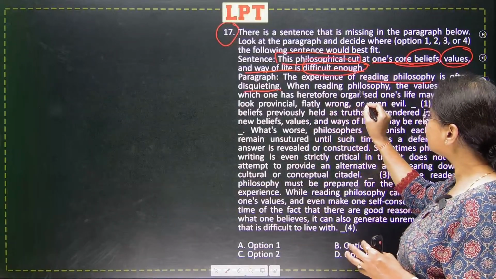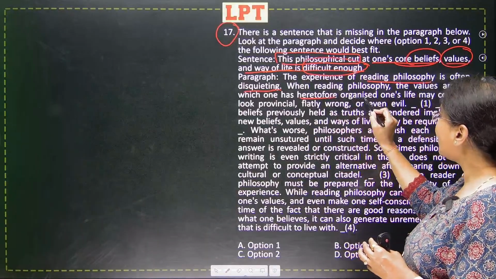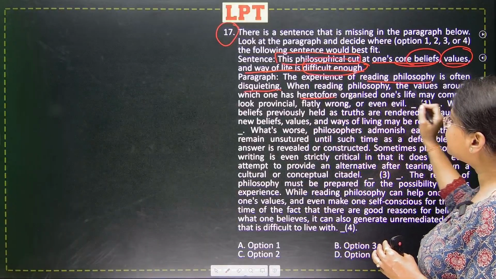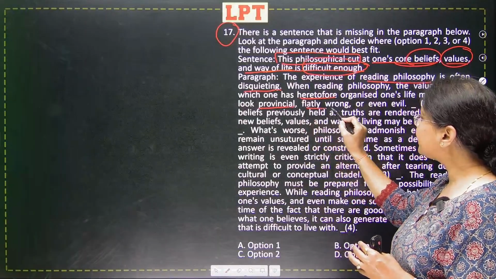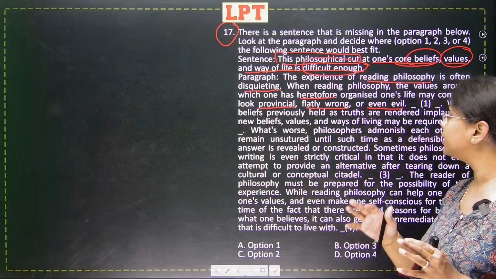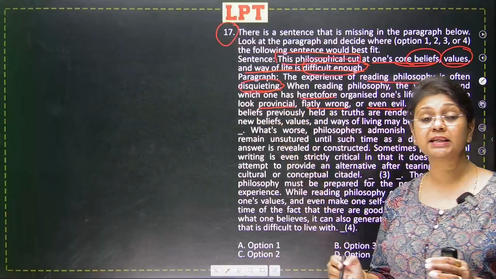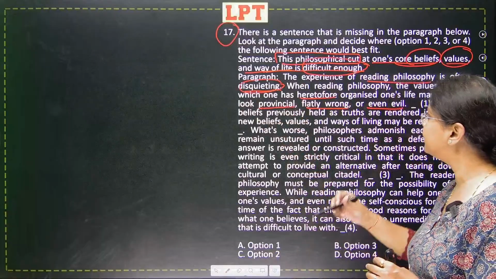When reading philosophy, the values around which one has heretofore organized one's life may come to look provincial, flatly wrong, or even evil. So we are talking about the experience of reading philosophy here, which is disquieting, puzzling, something that makes you uncomfortable.